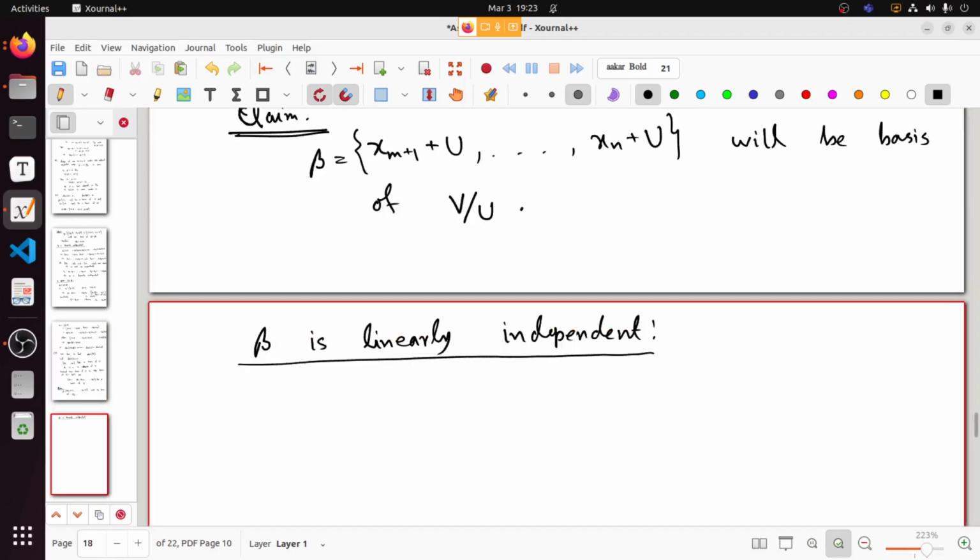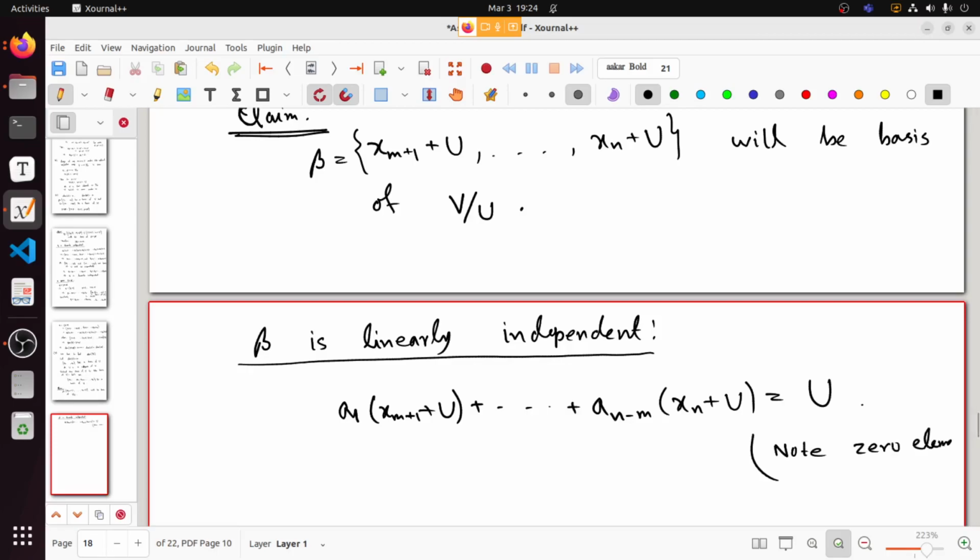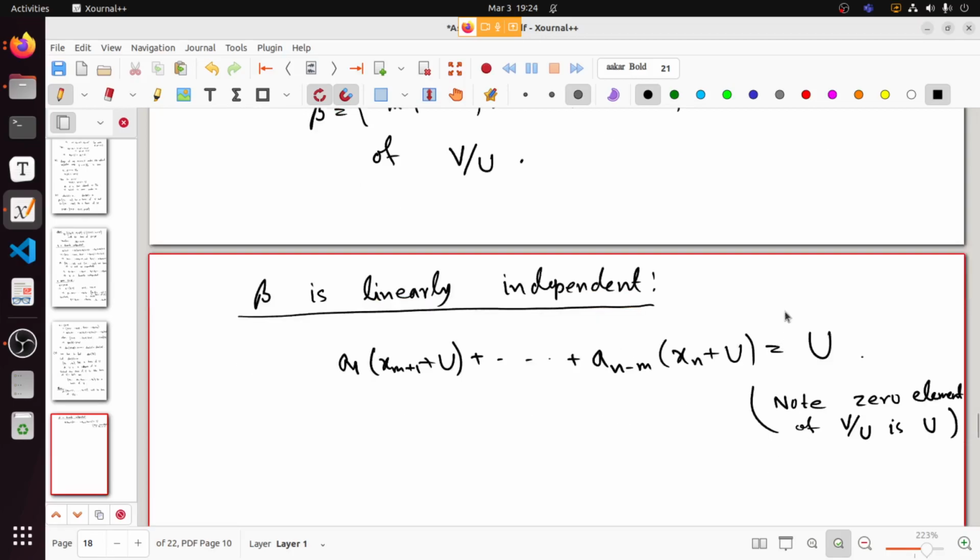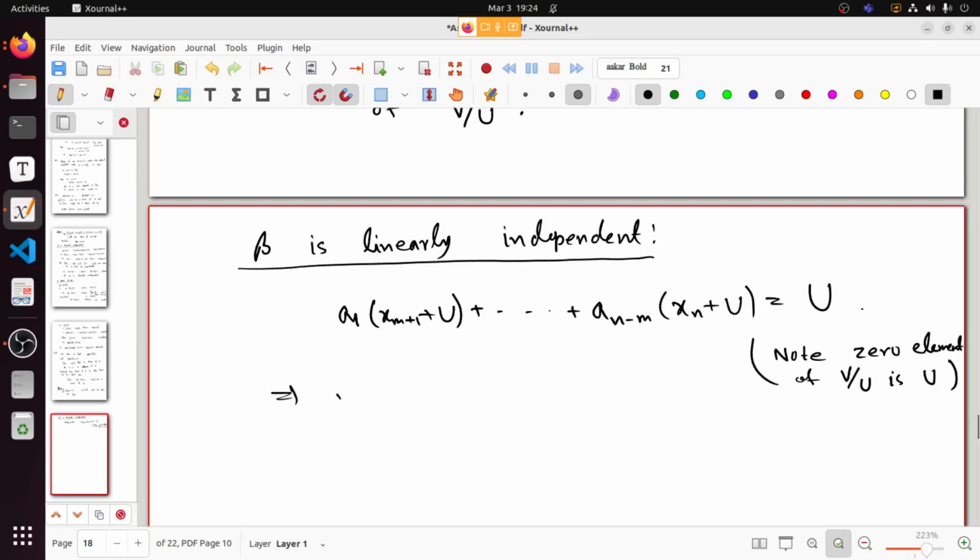So let's take a1 (xm plus 1 plus U) plus ... plus a(n minus m) (xn plus U) equals the zero element of V mod U, which is U, right? So that's why we have written this equals U. What is the meaning of this? Which means a1 xm plus 1 plus ... plus a(n minus m) xn belongs to U, right?